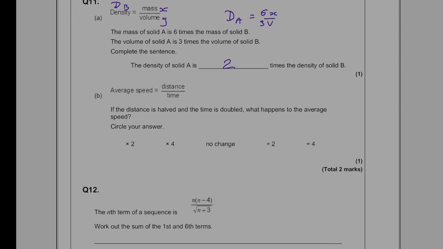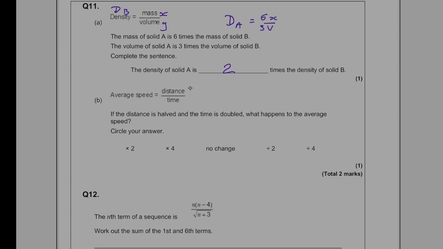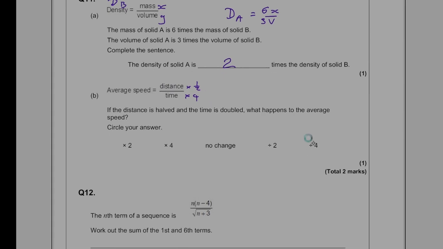Okay. Part B. Average speed is equal to distance divided by time. If the distance is halved and the time is doubled, what happens to the average speed? So we've got to imagine the distance has been times by a half, and the time is doubled. So I think that's going to be the same as dividing by 4.